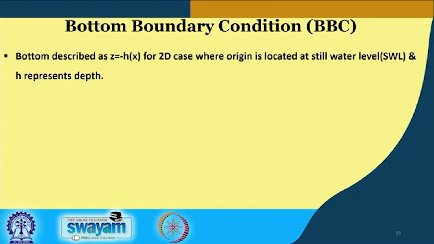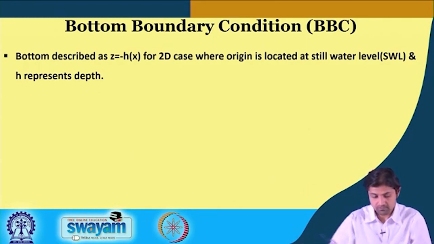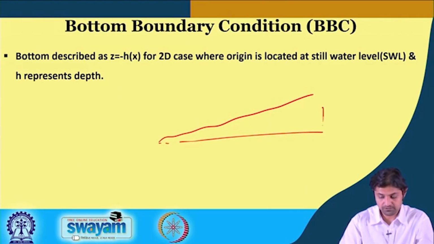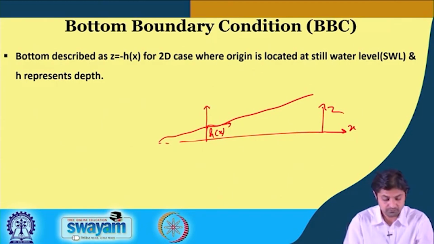So, let us say the bottom is described as z is equal to minus h of x. If this is the river bed or the sea bed, and this is x and this is z, then this depth is z is equal to minus h of x, because we are considering 0 at the free surface.